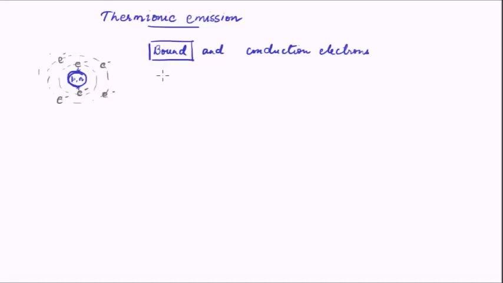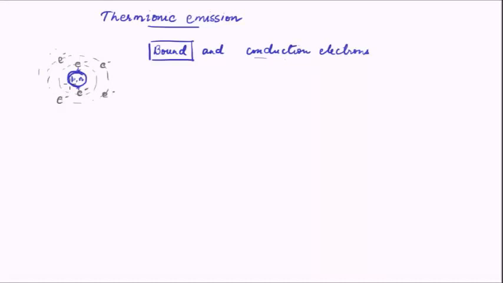Now, what are conduction electrons? As I said, there are multiple orbits in which electrons revolve around the nucleus. Now, there will be an outer orbit in which there will be certain electrons. These electrons are very lightly attracted by the nucleus and they are kind of free to move. What happens is when there are a lot of atoms, then the outer electrons form a cloud which is known as conduction electrons, and they are separate from the atom.